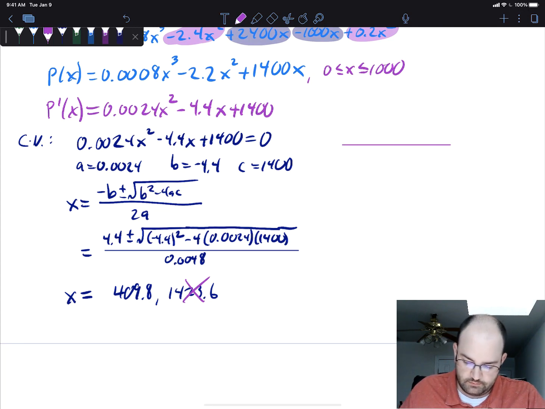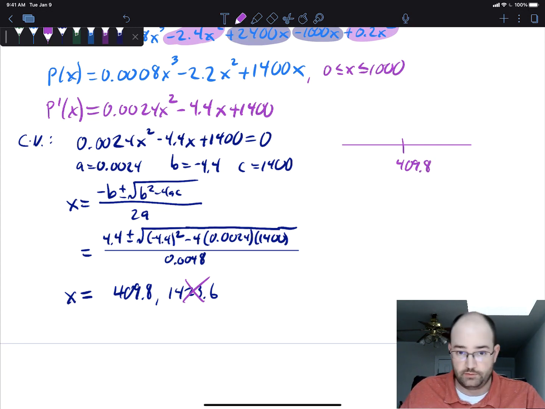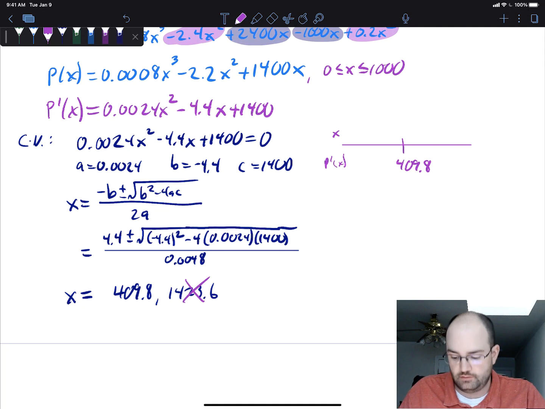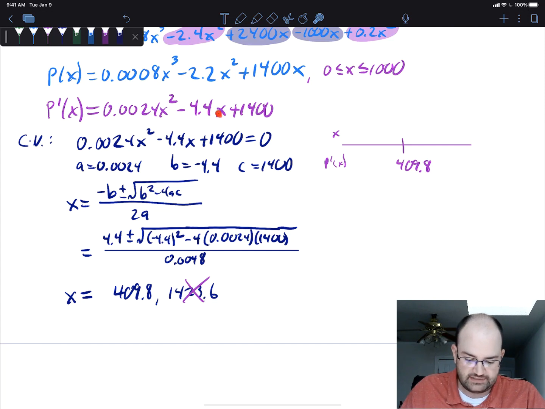Well, we use a number line, and we're breaking this up at 409.8. We need a number to the left and a number to the right. So x and then p prime of x. Now, if you plug this into the calculator, any number to the left of 409.8, might as well just use 0. And if you do that, in p prime of x all that's 0 over here, and we're left with 1400, that's positive.